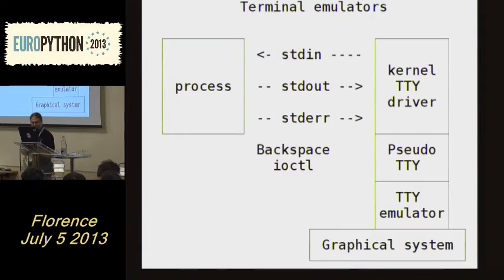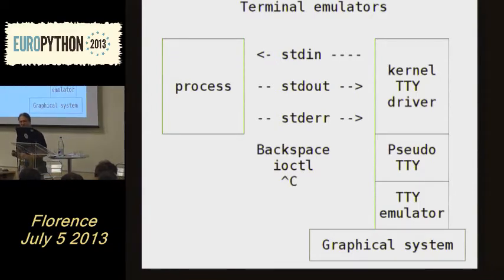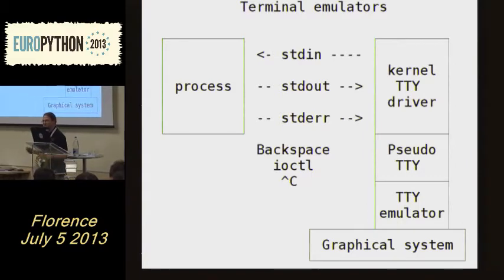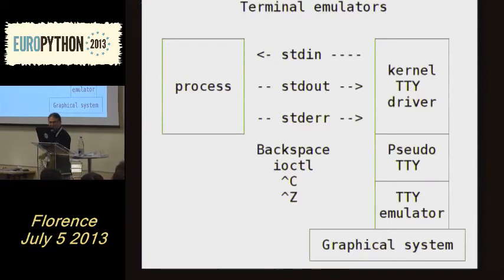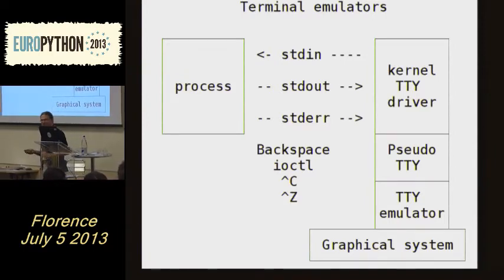Another thing the kernel handles is if you press Control-C, it sends a signal to the process saying, hey, somebody wants you dead. And if the process doesn't respond, well, so on. You can also press Control-Z, which suspends the process, and there's a whole machinery involving signals and sessions that makes this all work okay.